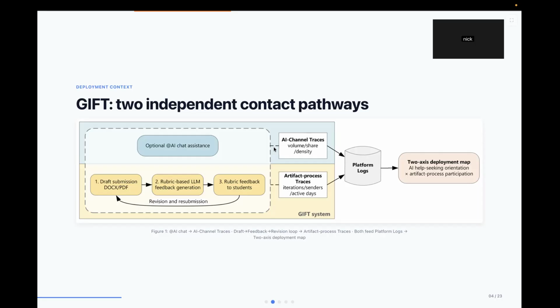All of these traces, including the volume and share density of talking to AI, the iterations of uploading reports, and senders and active dates, are recorded in the platform logs. Of course, they will not include personal information. Their privacy is wiped out, so that we could use the logs to build a deployment map.